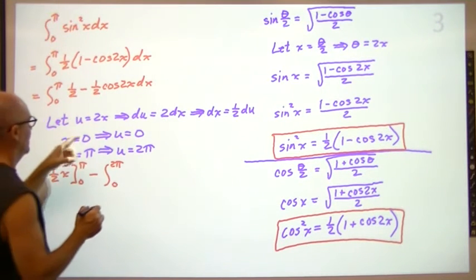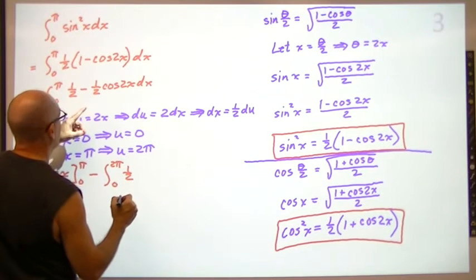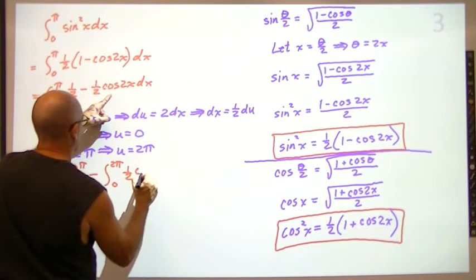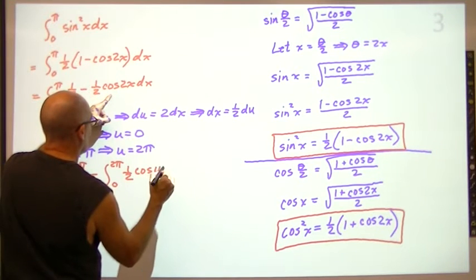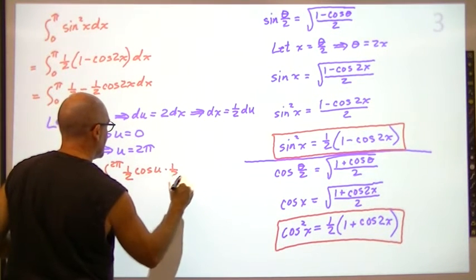and I've got 1/2 times cosine u dx, which is 1/2 du.